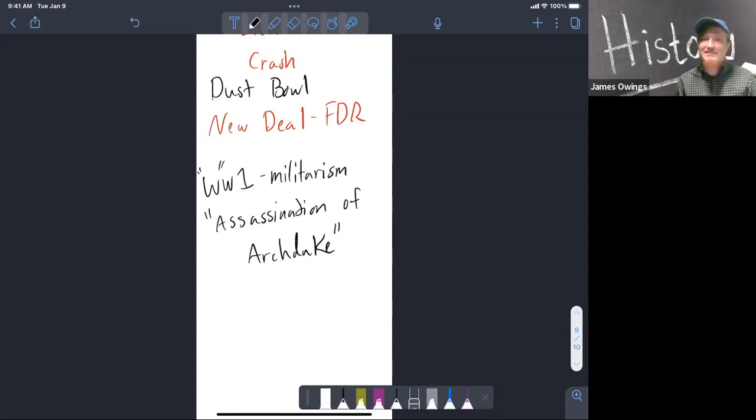The United States at the time of World War I is practicing, I'm just going to put USA at the time, practicing isolationism, because we just had the Civil War. We don't want to go to war anymore. We don't want to fight. We don't want to be there for anyone. We want to rebuild and recover.